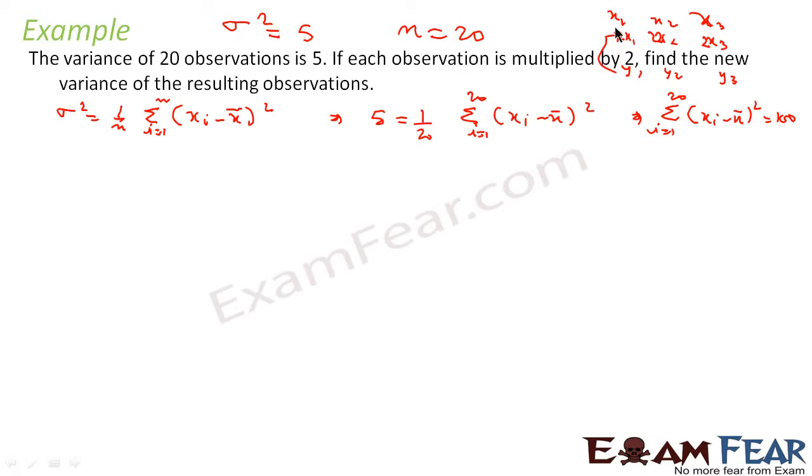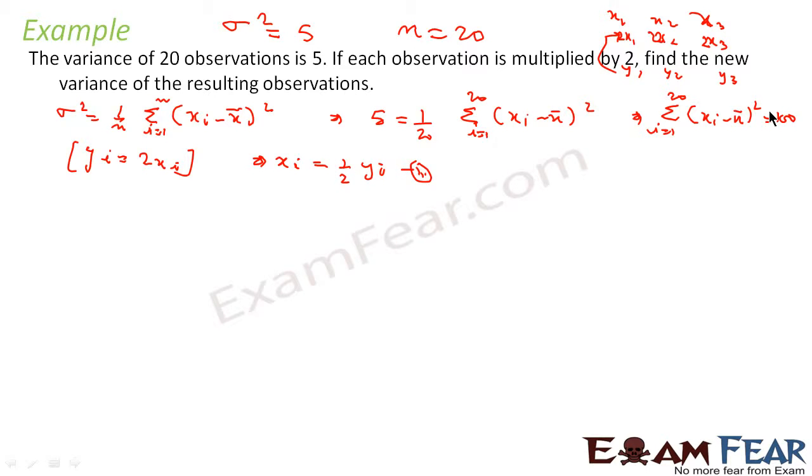Instead of 2x1, 2x2, 2x3, we'll say y1, y2, y3, where yi is equal to 2 of xi. Or we'll say that xi is nothing but 1 by 2 of yi. That is my second equation. This is my first equation.